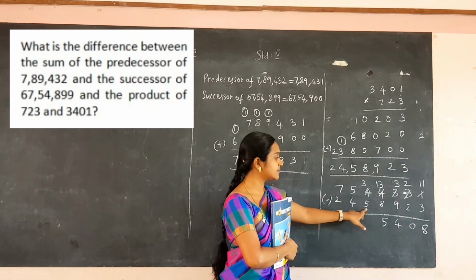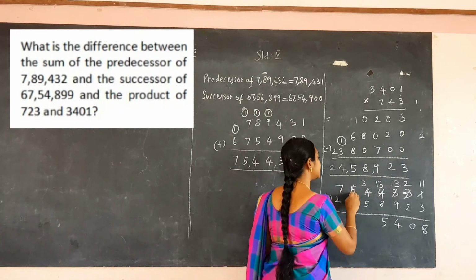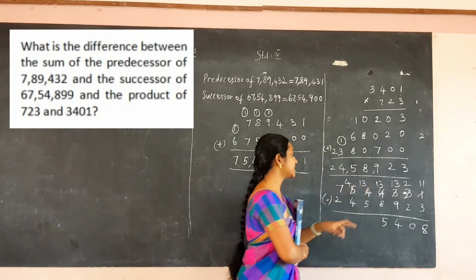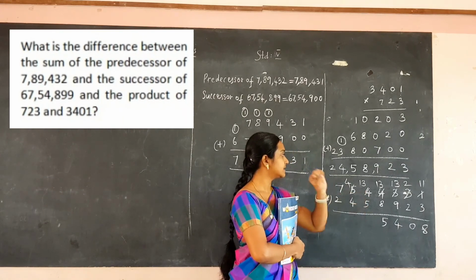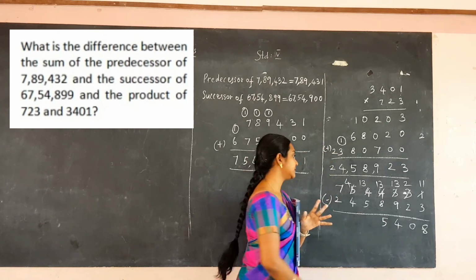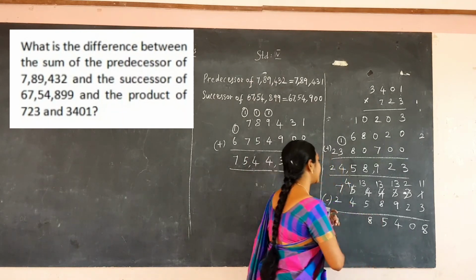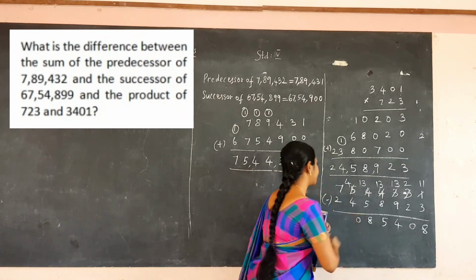Here also 5 is greater than 3. So borrow 1 from 5. So 5 will be changed as 4 and 3 will be changed as 13. Now start counting from 5 until you reach 13. 6, 7, 8, 9, 10, 11, 12 and 13. So the number is 8. 4 minus 4 will be 0.